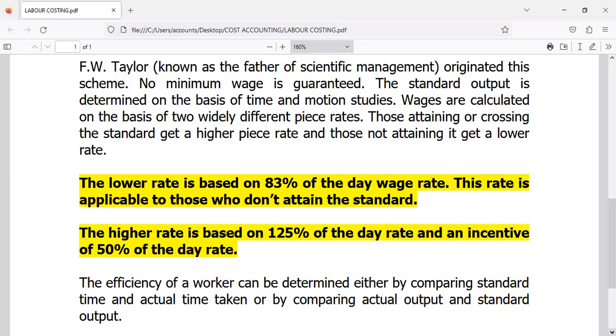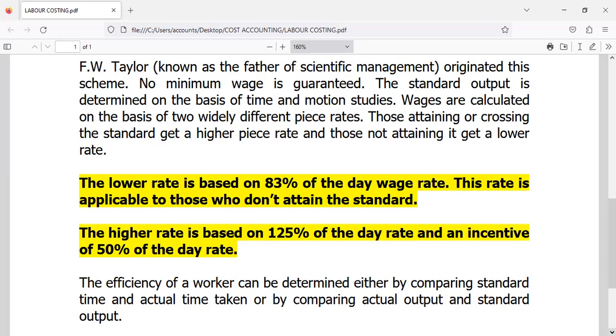So here workers are paid according to their efficiency levels. If you're efficient, of course, you get a higher rate. You're paid using a higher rate. Then if you're inefficient, you will be paid using a lower rate.